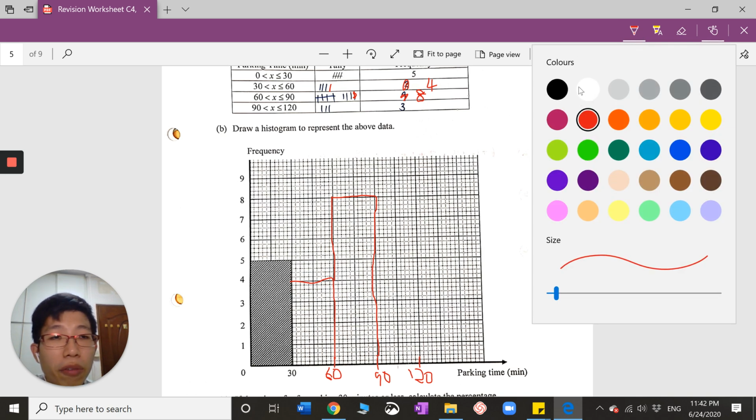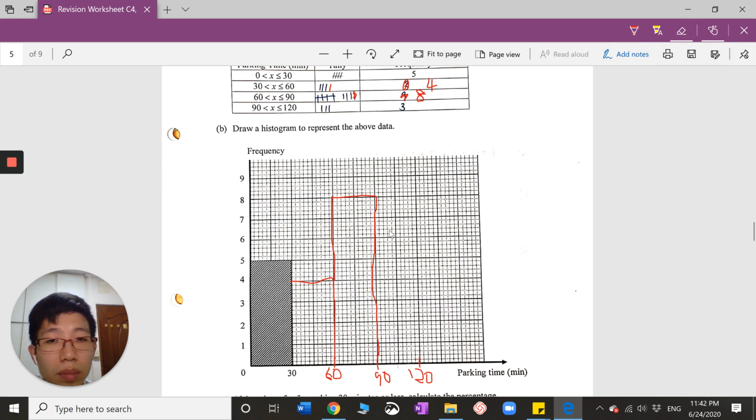That's why I need to draw freehand. Okay, so this is how I draw my histogram.